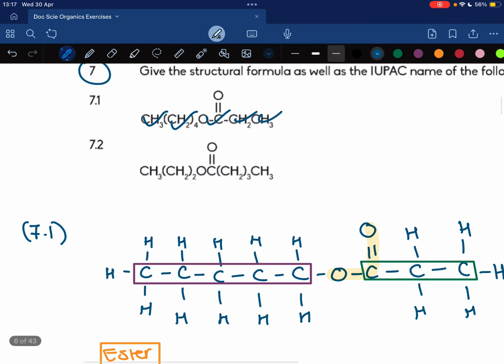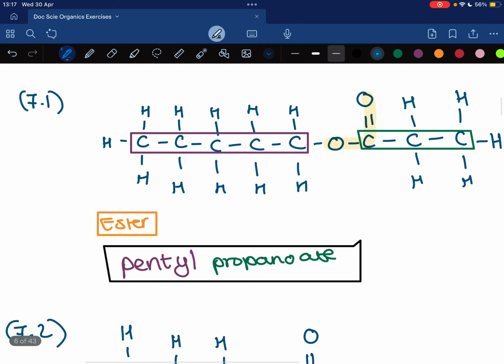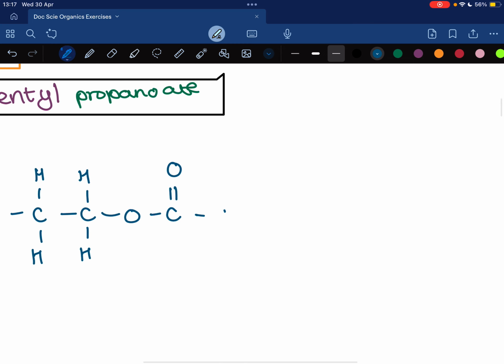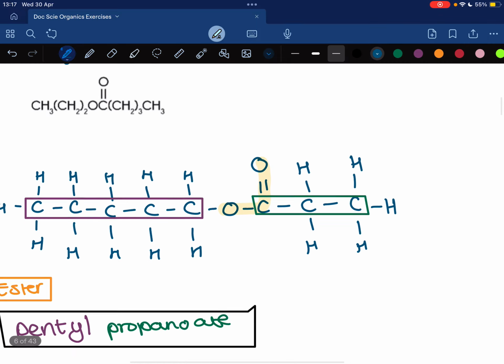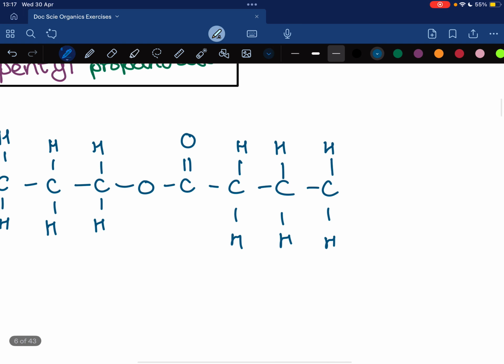Then it goes O, and it doesn't give you the bond, but we know that there must be a bond between the O and the C, and then there's a double bond O. So it will be O, C, double bond O. Then CH2 3 times, so we have 1, 2, 3 H2s. And then it ends in CH3.